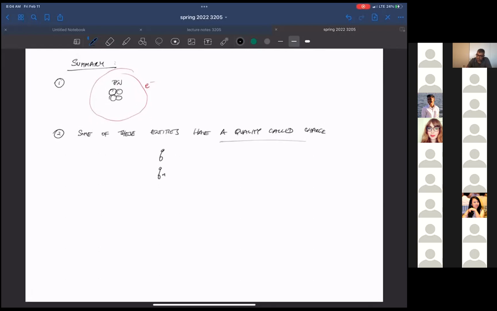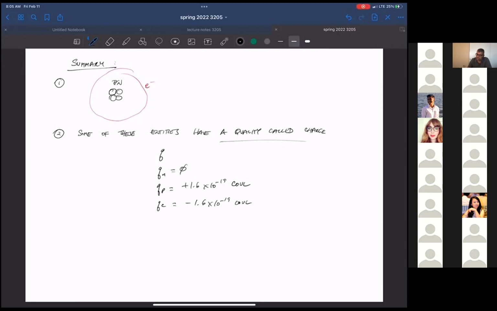This quality for a neutron is 0. For a proton, for reasons we don't know, it's positive charge. It could easily have been the other way. Both the electron and the proton have equal and opposite charge. We could talk for a very long time about the mysteries of the universe: every single electron in the universe has precisely this 1.6 times 10 to the minus 19 charge.